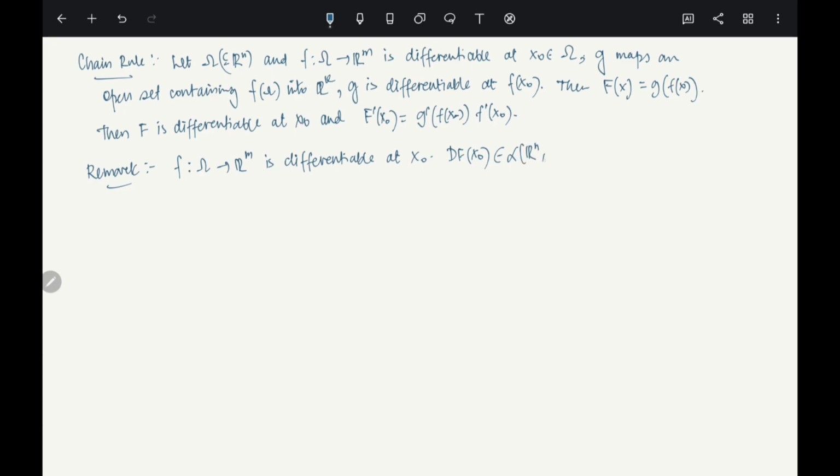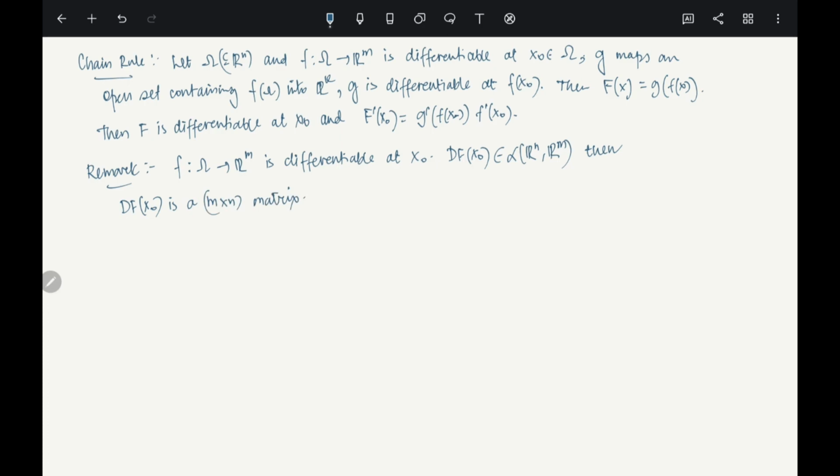What do we know? Any linear map from Rn to Rm is basically nothing but a matrix. So df at x0 can be written as an m cross n matrix. Clear?